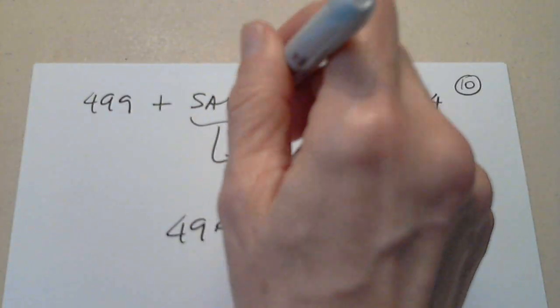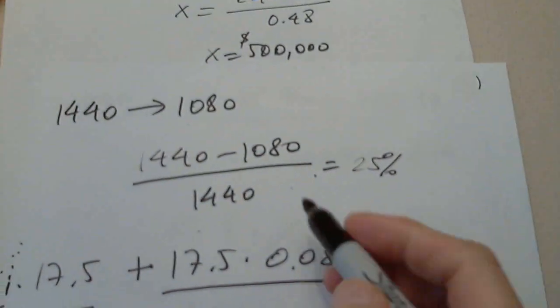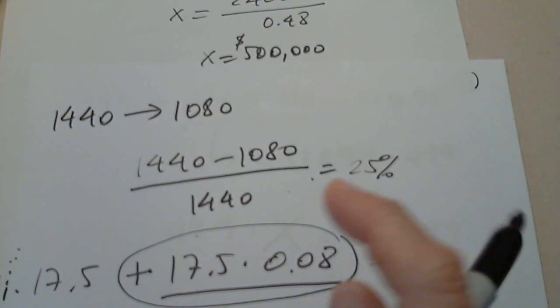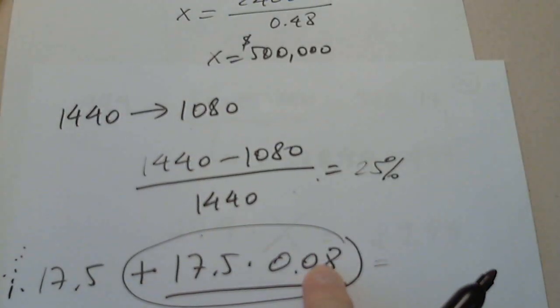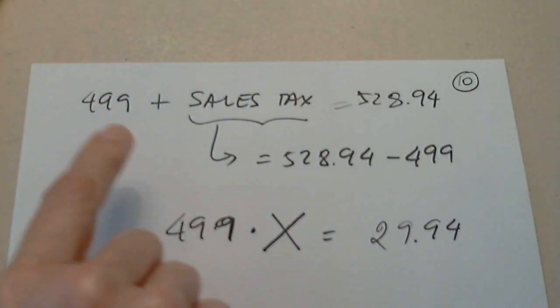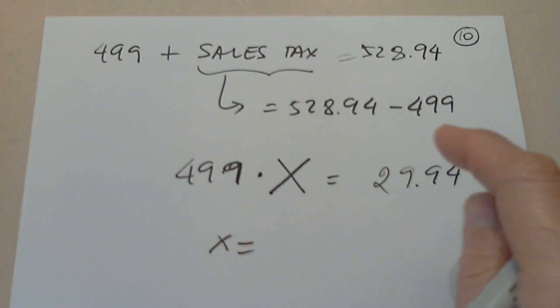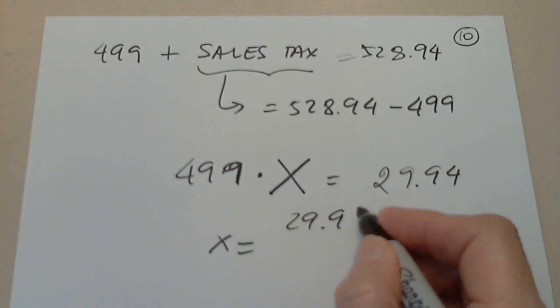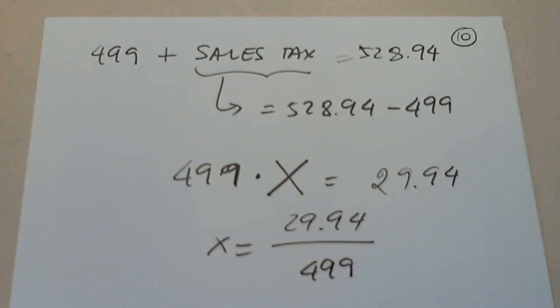So in here, remember what that is. Is this the original price times the rate? The original price times the rate. And that's how I get the rate. So x equals 29.94 over 499. And that has to be changed in percent.